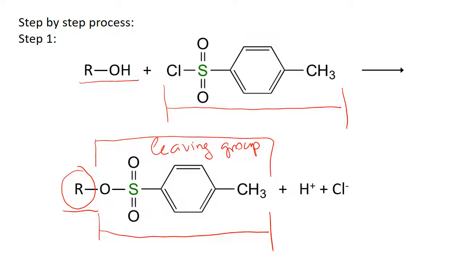Now this is a good leaving group. Okay, so this is what we're looking for. And as a reaction byproduct, we have a proton and chlorine, which is hydrogen chloride.